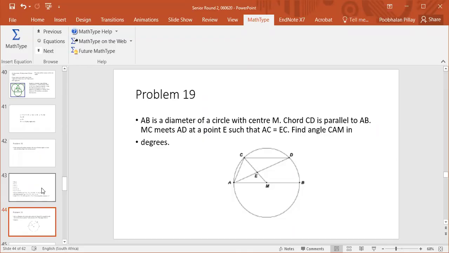Okay, the next problem is a geometry problem. It says AB is the diameter of a circle. So this is the diameter. Remember earlier on, I told you when you've got a diameter, if I take any point on the top and work out that angle, this angle will be 90 degrees.